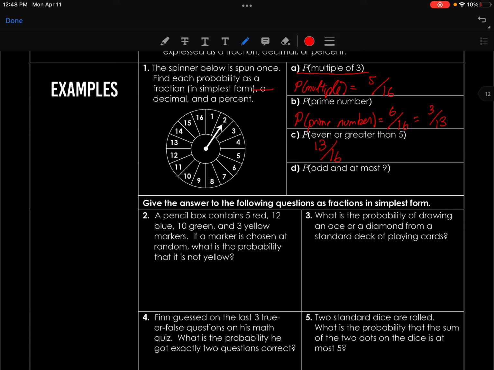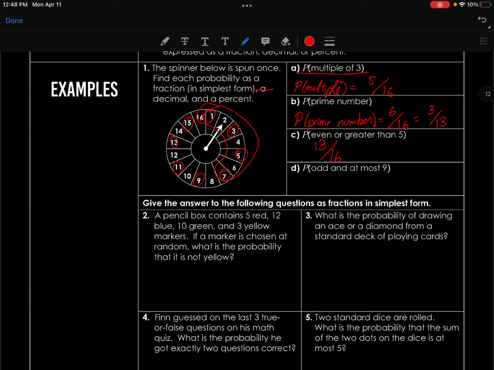Now, odd and at most 9. So they're saying find all the odd numbers, which is 1, 3, 5, 7, 9, 11, 13, 15. And it has to be at most 9. So they cannot go greater than 9. So the only possible events are from 1 to 9.